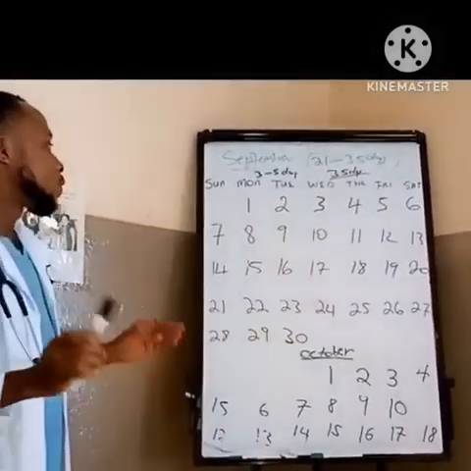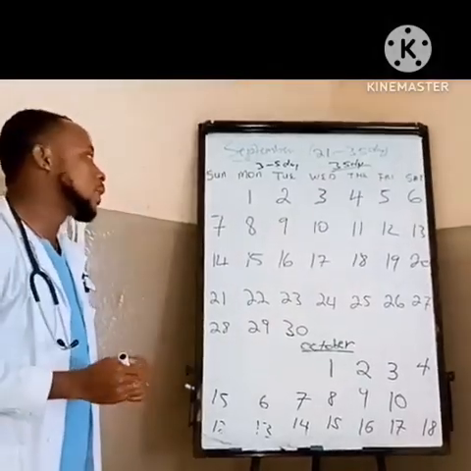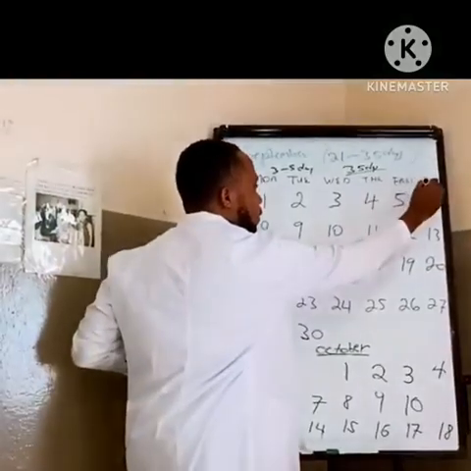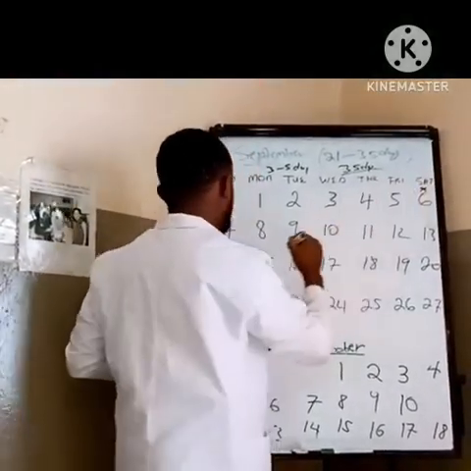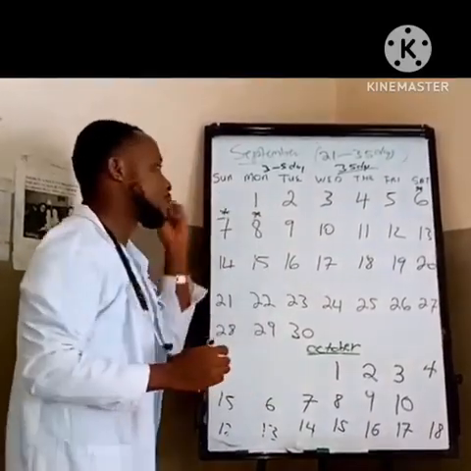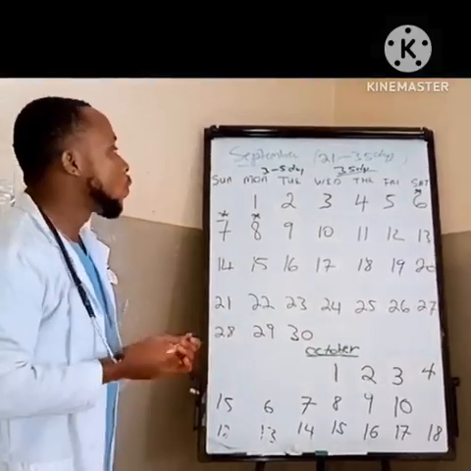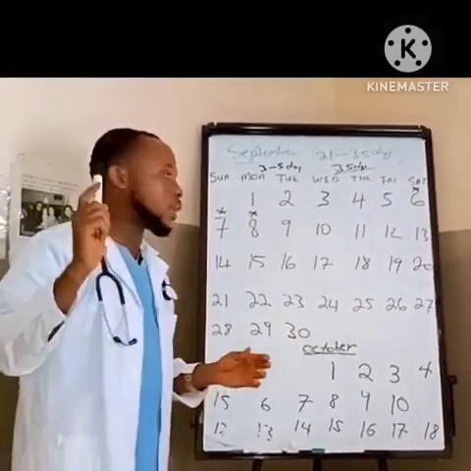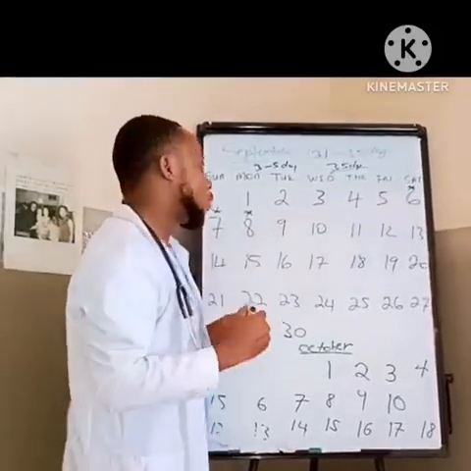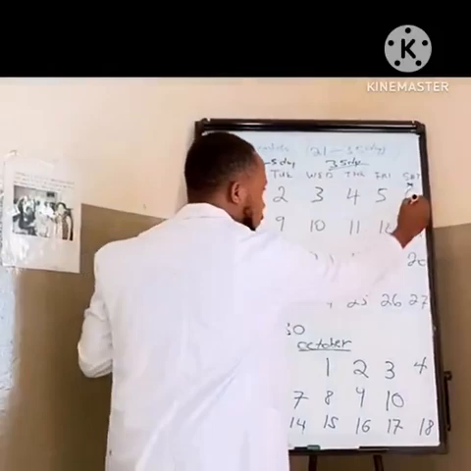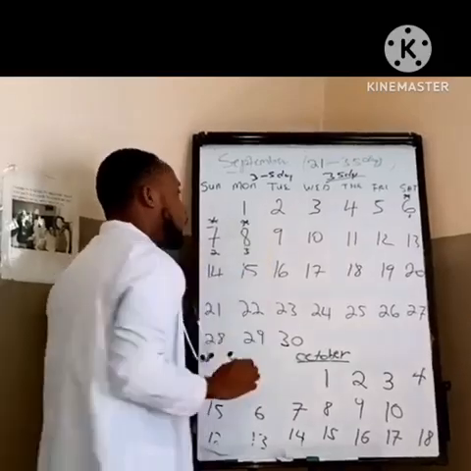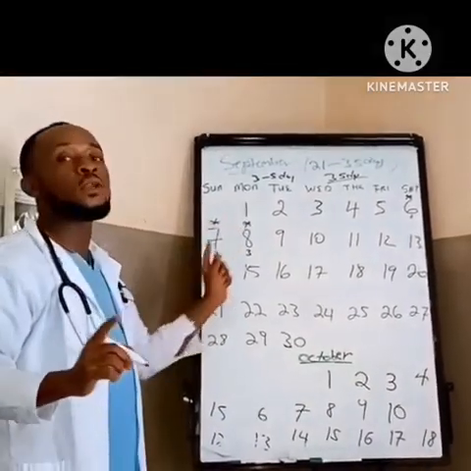Considering 35 days, we say the lady saw her menses on the 6th, the 7th, and the 8th of September. So we start the cycle length count from the 6th, the first day she saw her menses, which is day number 1, day 2, day 3. The menses ended here, but the cycle length continues.